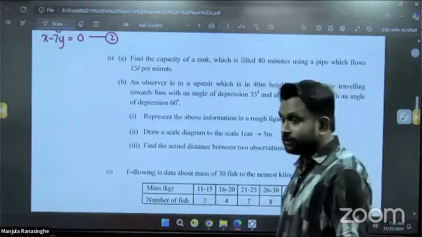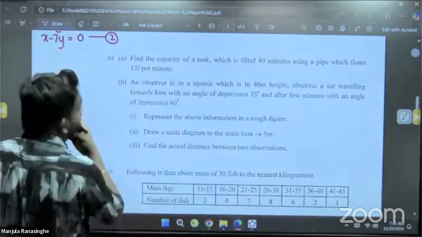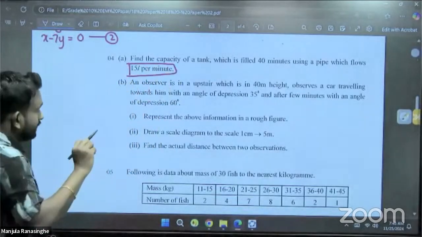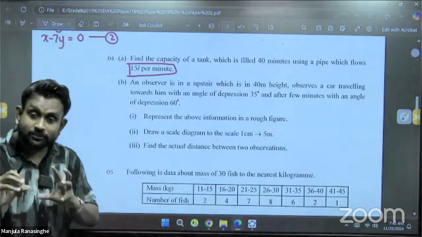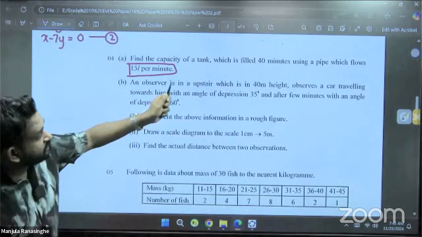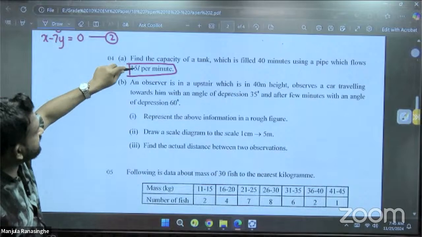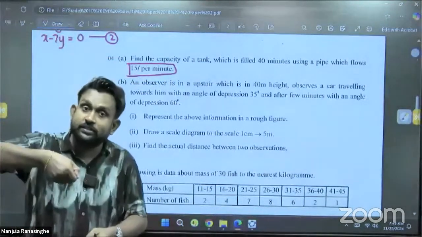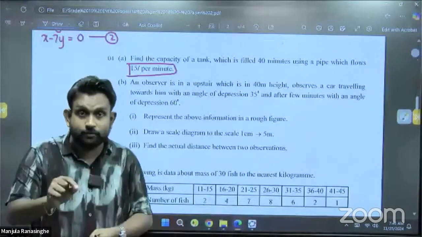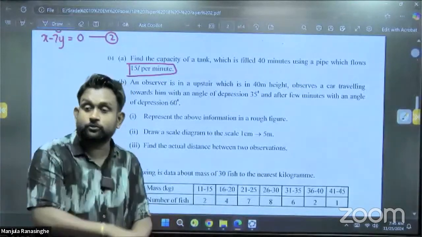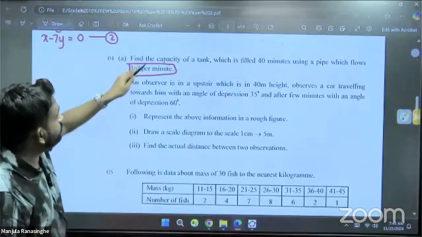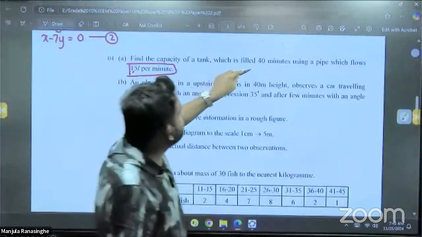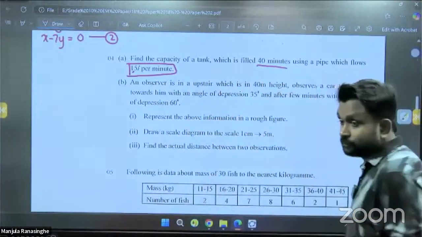right? So we can do it in the diagram itself. So we take the definition without equations, right? We can think through the question. So what's the rate of flow? 15 liters per minute. That means if we open the pipe for 1 minute, it fills 15 liters. Then it is opened for 40 minutes, right?